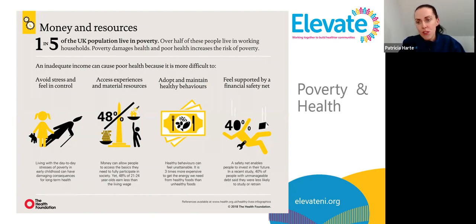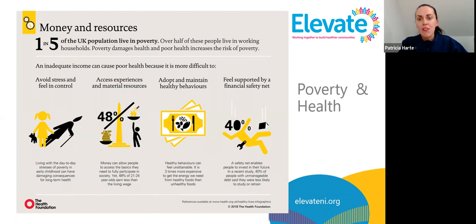A really important relationship between health and poverty is highlighted in the focus around adopting and maintaining healthy behaviours. For people living in poverty and with an inadequate income, healthy behaviours can feel really unattainable. It is 3 times more expensive to get the energy we need from healthy foods than unhealthy foods.